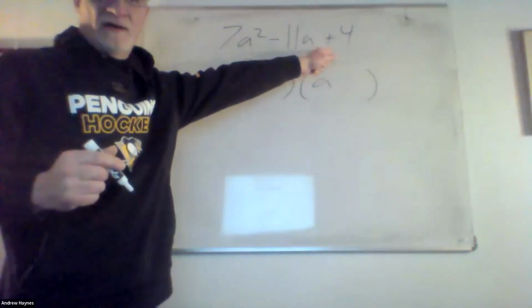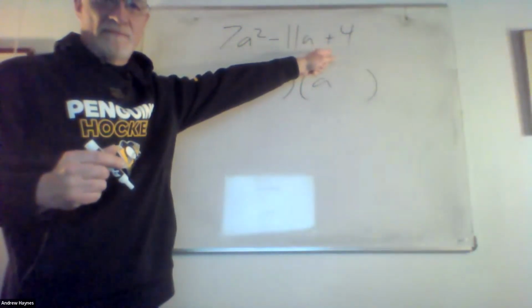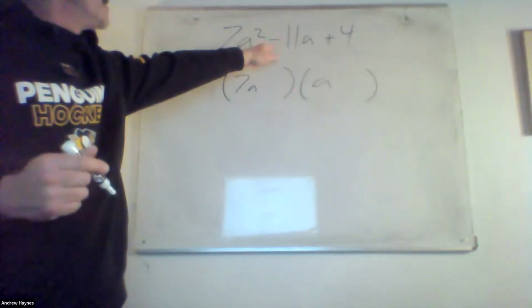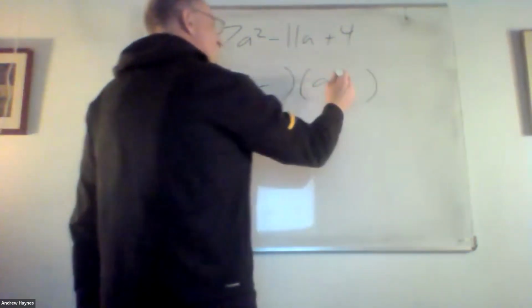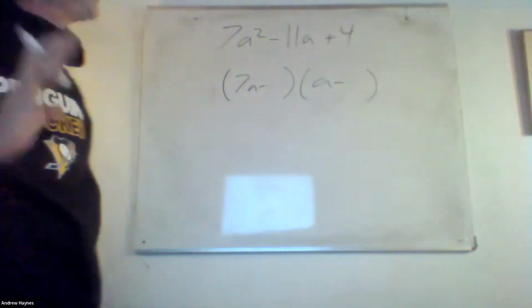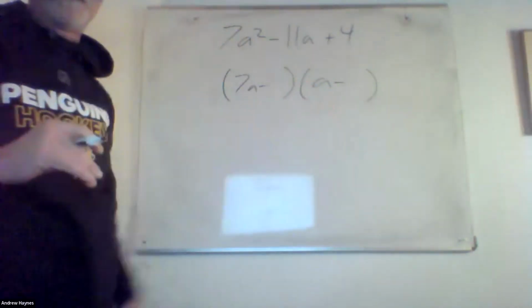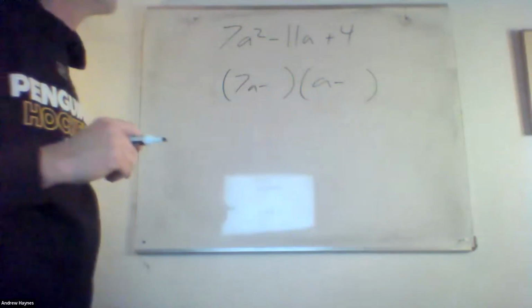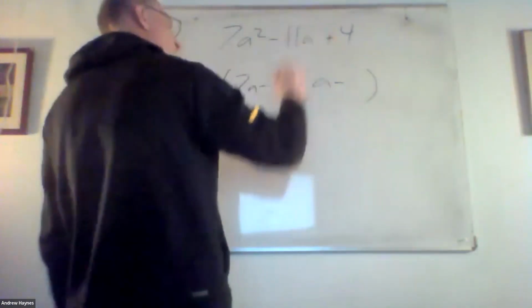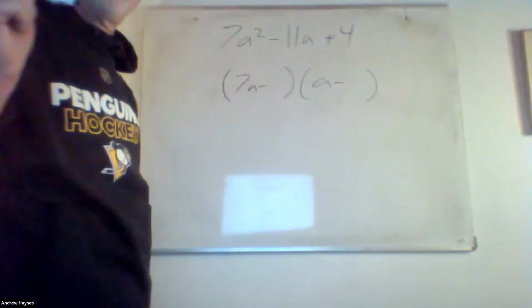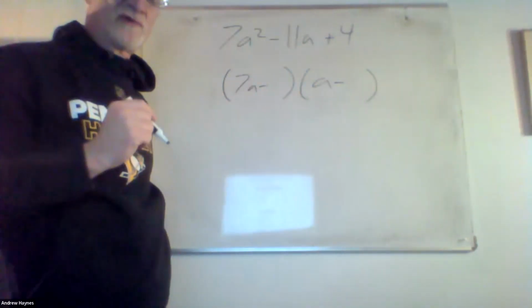We have a plus here, so both sides have to be the same. And we have a minus here, meaning both sides have to be minuses. So it's going to be 7a minus, and a minus. So that part's done, which is nice. We like it when they're both the same. Definitely easier. So now we think of our factors of 4. So what are the pairs of factors we have for 4?